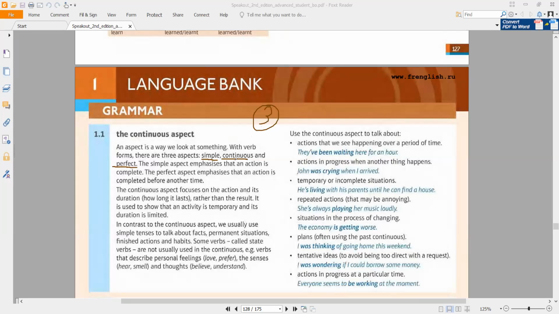So today we'll just focus on the continuous. They are telling you the simple aspect emphasizes an action that is complete. This is number 1. The perfect aspect emphasizes that an action is completed before another time. This is 2. Let's see the 3, today's lesson.